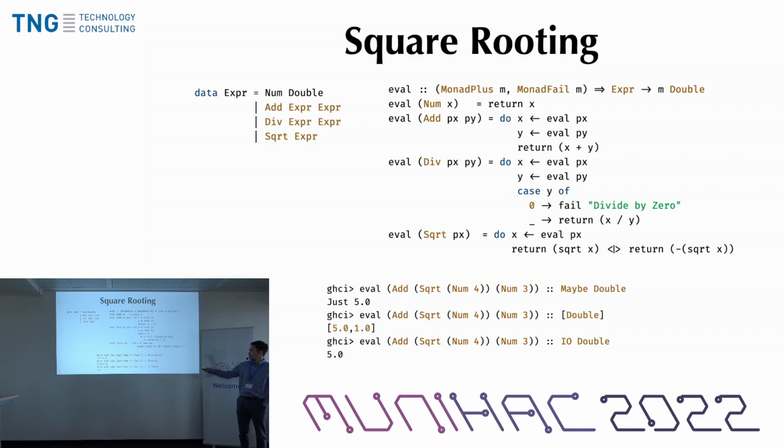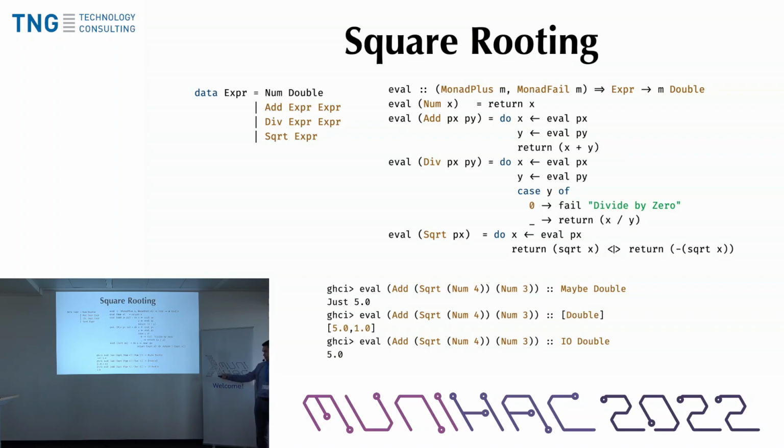So if we evaluate at Maybe Double, what we get is this OR part, which gives you both the roots, will default to the left-hand side one, and then that will simply eventually give you the 5 that you want. Otherwise, if you want a list of values, then it will give you back both answers to the equation. And of course, if you had several other square roots inside the expression that you were dealing with, then you would have multiple results depending on what you actually asked for.